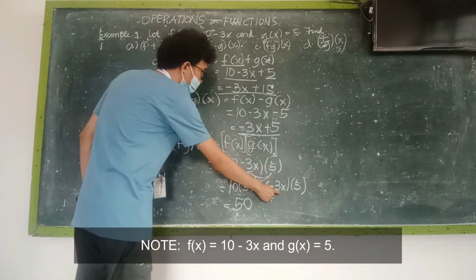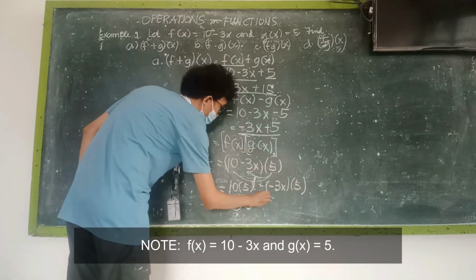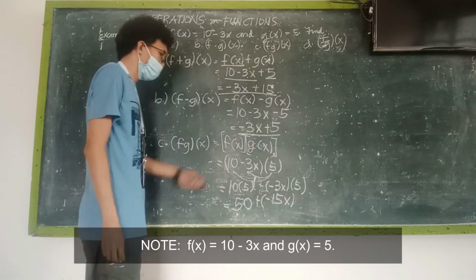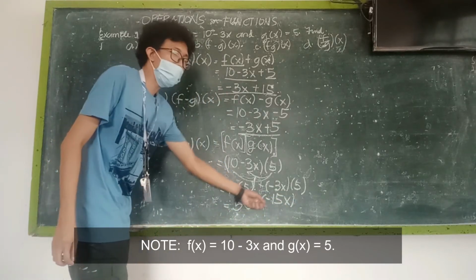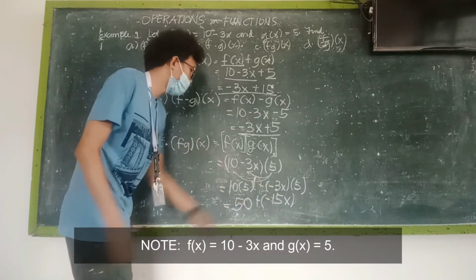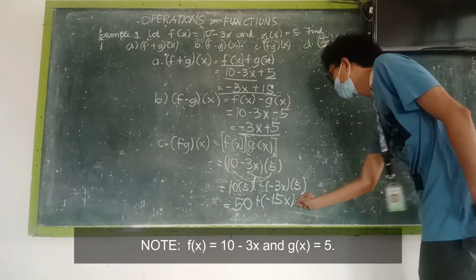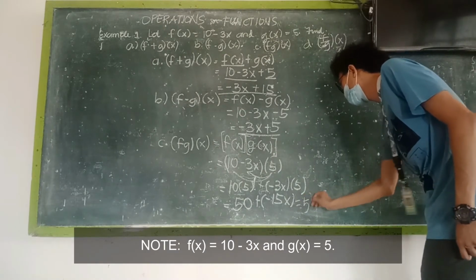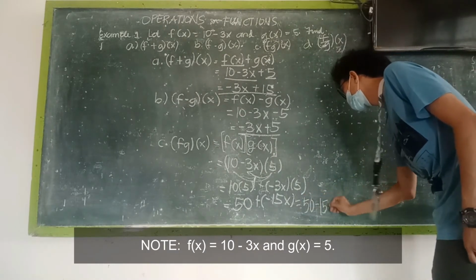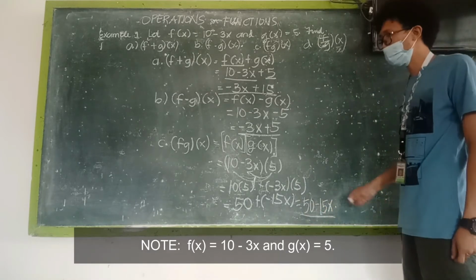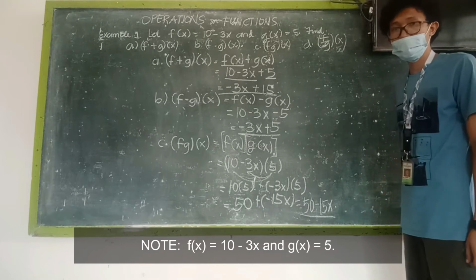And negative 3x times 5 is equal to negative 15x. Ang final answer natin dito is 50 minus 15x.